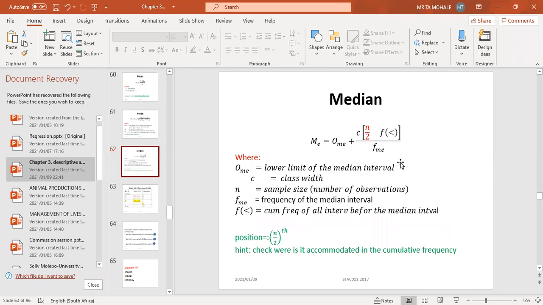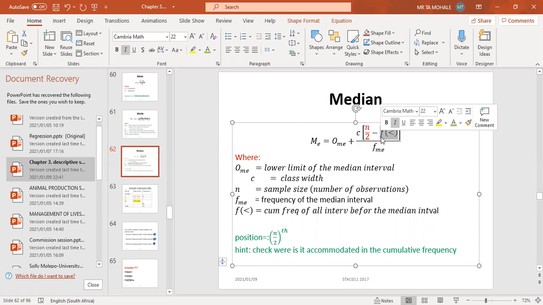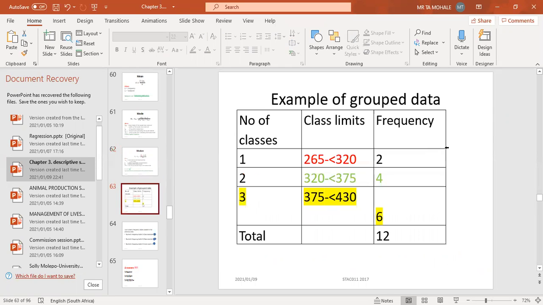The cumulative frequency before, n over 2. N over 2 is not difficult. You just say 12 over 2 minus f less than, we said, is the cumulative frequency before the cumulative frequency of that median interval.